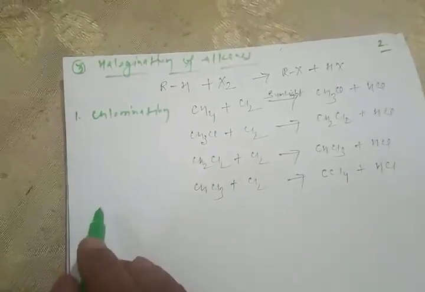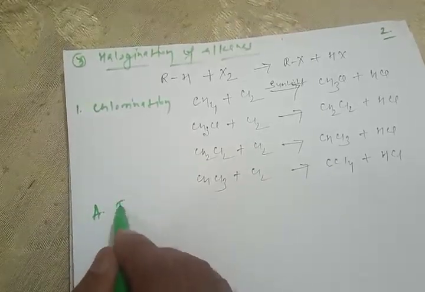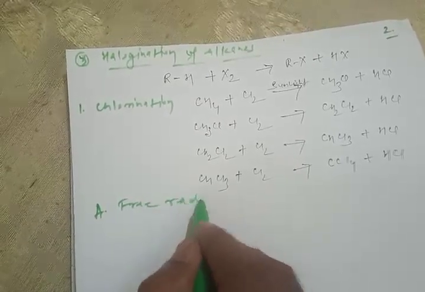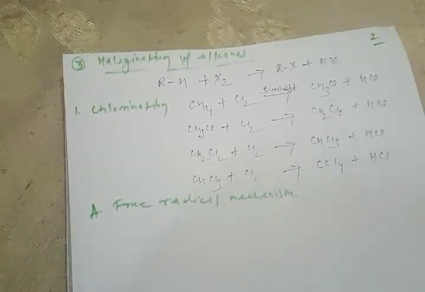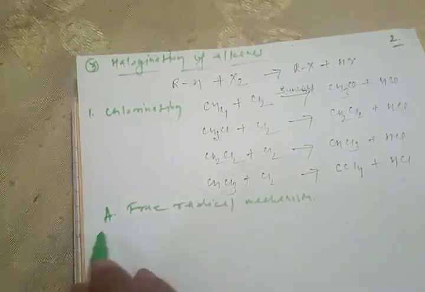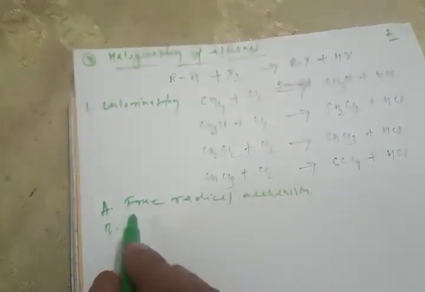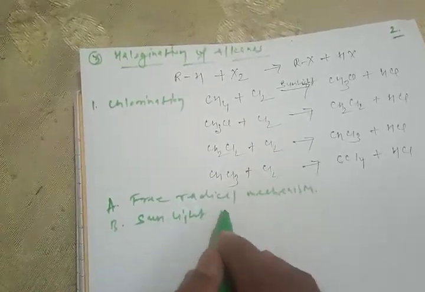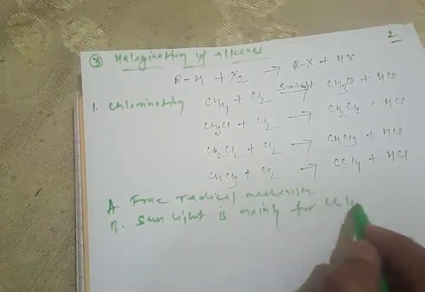The first thing you should remember with this reaction is that it is a free radical reaction; the free radical mechanism is followed. The second thing is that the sunlight reaction is mainly for chlorination.